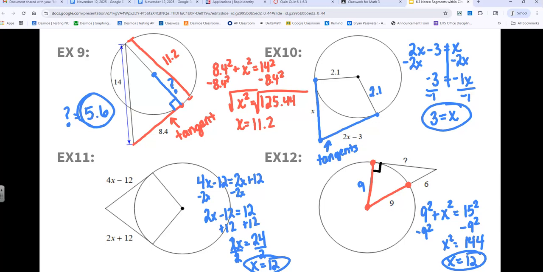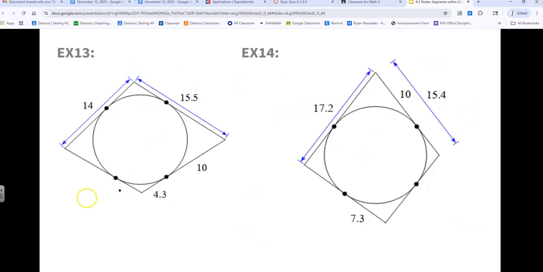All right, just a little bit more here. All right, for 13, they are giving us this picture where we've got like 4 tangents to this picture, and what are we looking for here?